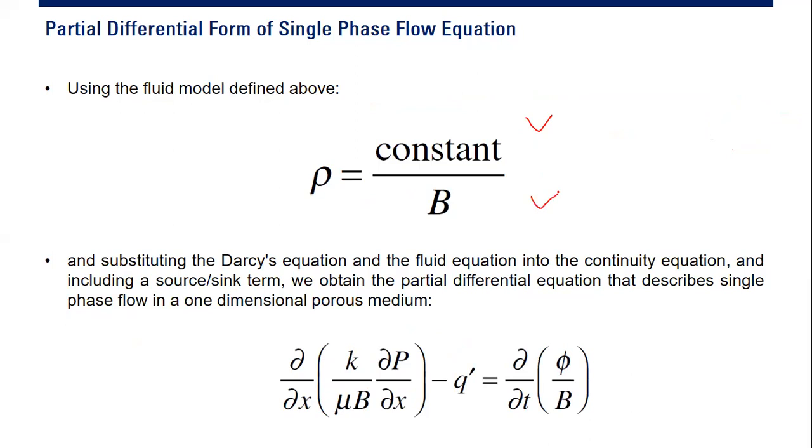And now we want to substitute. Substituting the Darcy equation and the fluid equation into the continuity equation, and including a source and sink term, we obtain the partial differential equation that describes single phase flow in a one-dimensional porous medium.